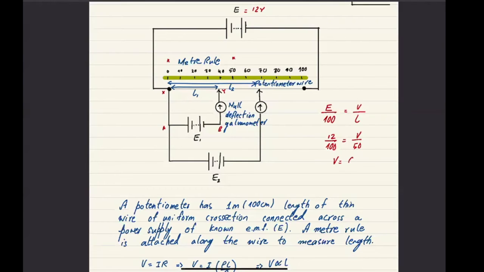Or if I ask, what's the voltage between 0 and 70 centimeter mark? You would say 12 upon 100 is equal to V upon 70. And hence you can just cross multiply and get the value of the voltage, which is coming out to be 8.4 volts.